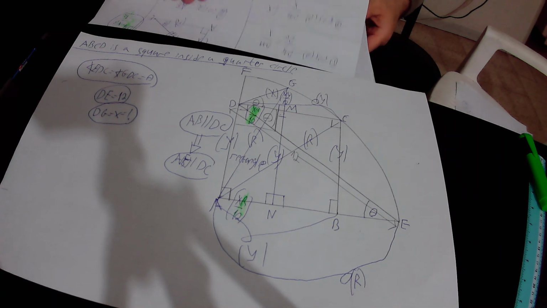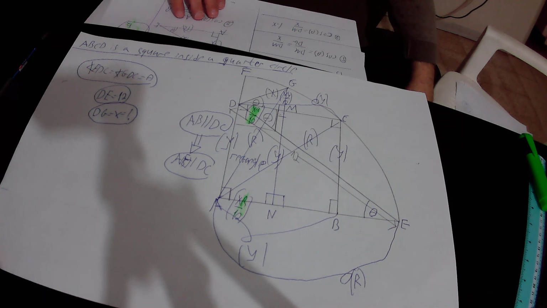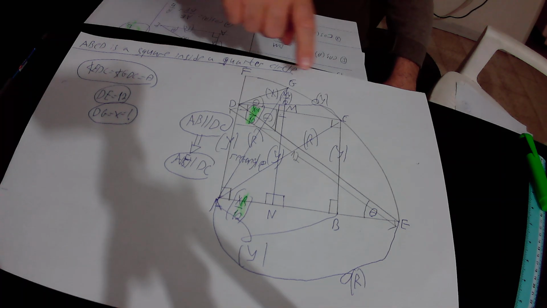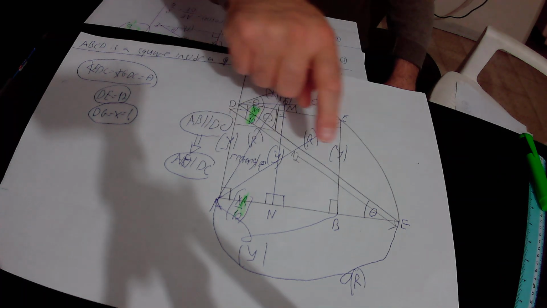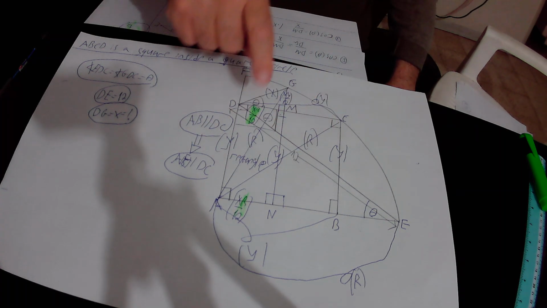In addition, we know that the opposite sides of a square are parallel to each other. In square ABCD, side DC is parallel to the opposite side AB.